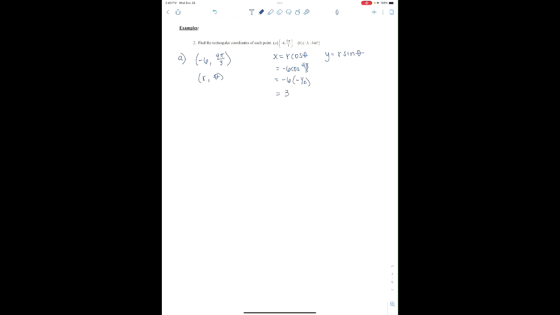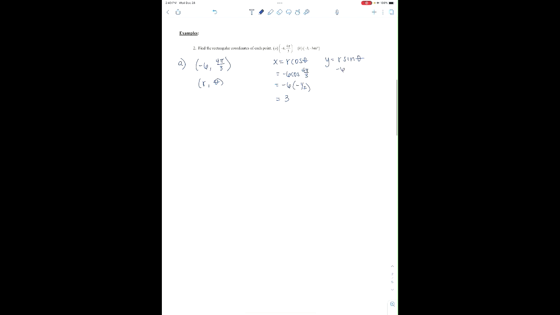We'll do the same thing for our y value. So y is -6 sine of 4 pi over 3. So we have -6, and sine at 4 pi over 3 is -√3 over 2.